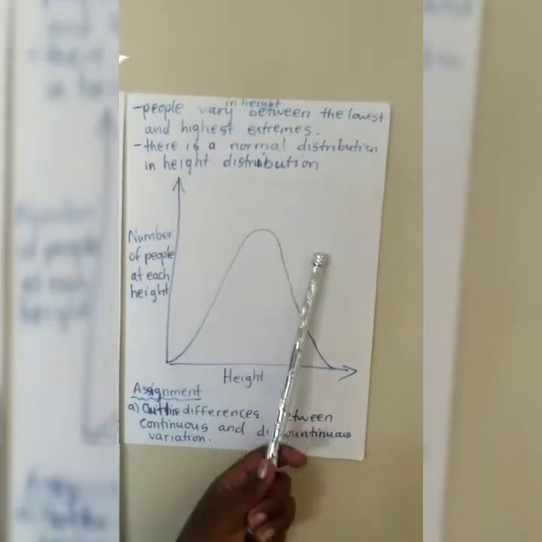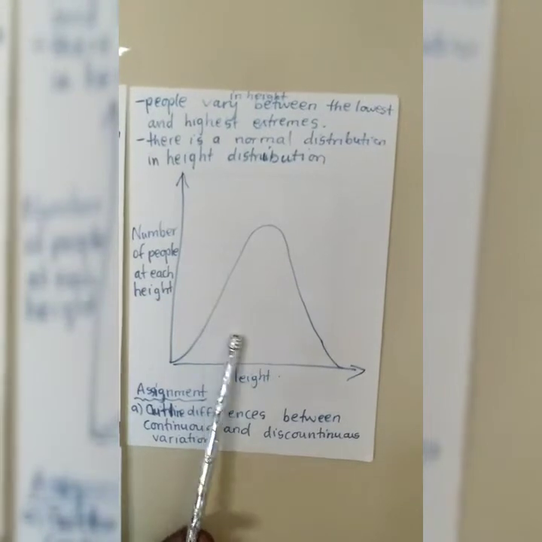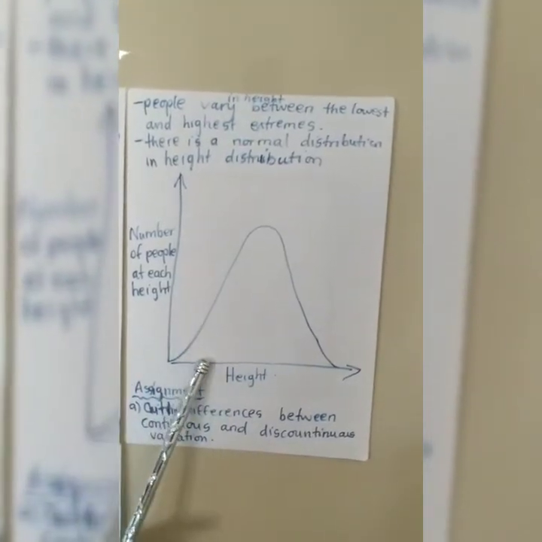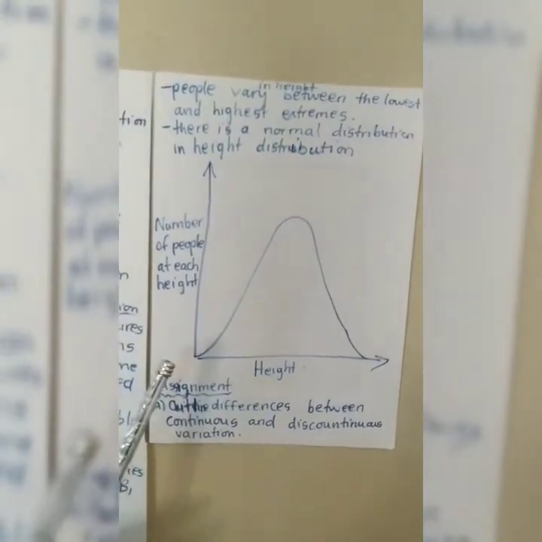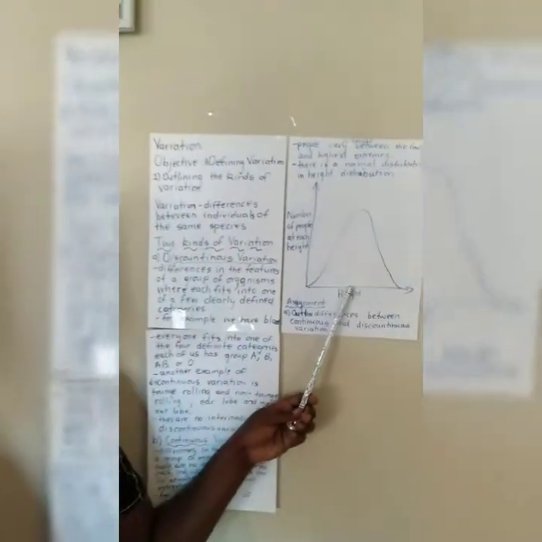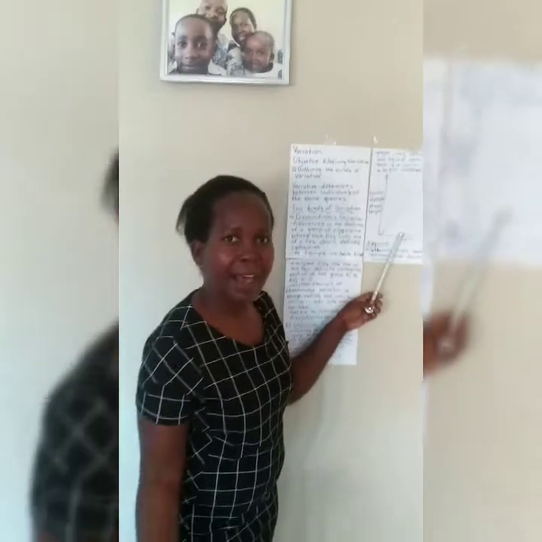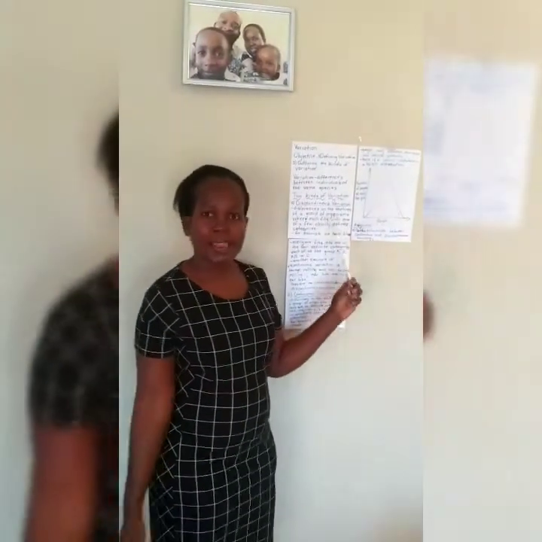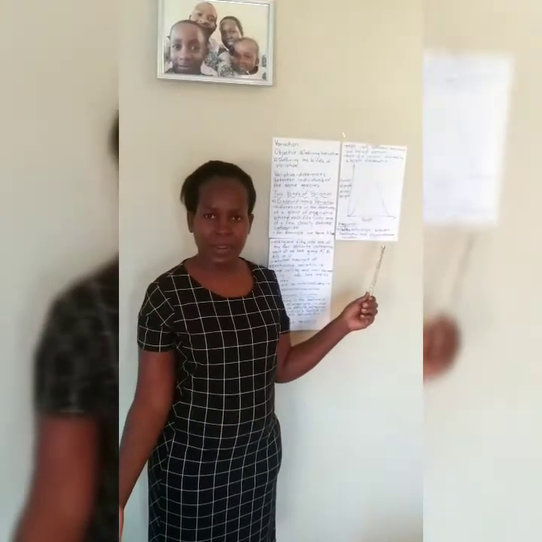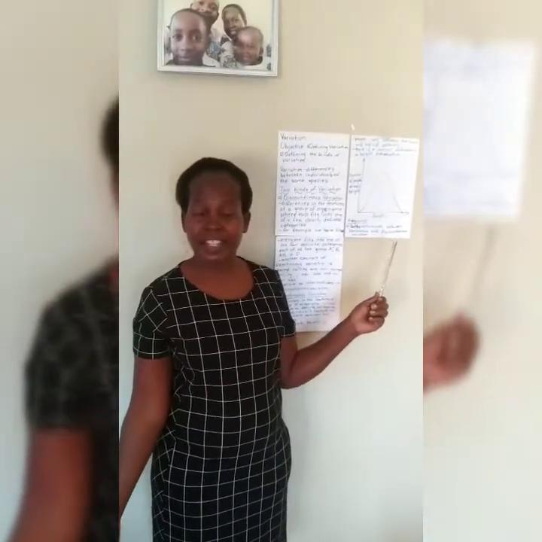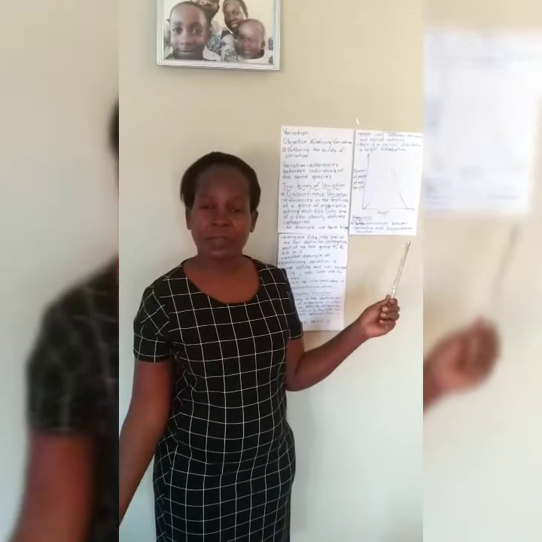This is a normal distribution curve for height. The same applies when we investigate weight, or the length of a finger, right?